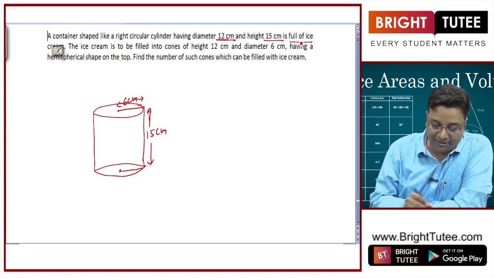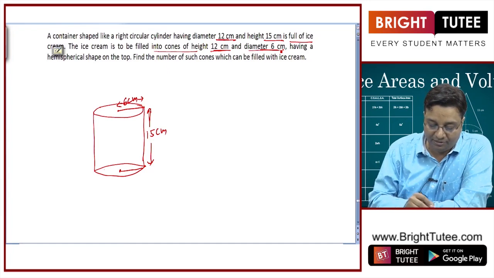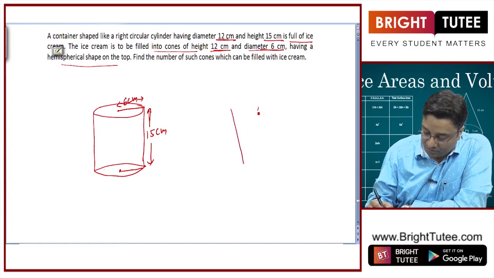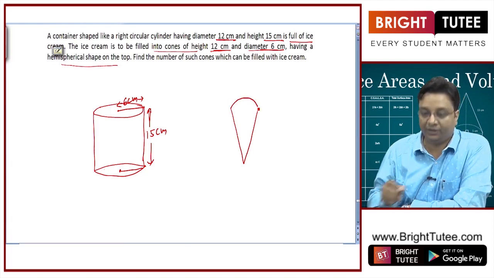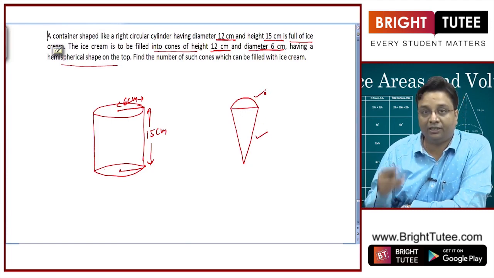It is full of ice cream, and the ice cream is to be filled into cones of height 12 centimeter and diameter 6 centimeter having a hemispherical shape on the top. So these kind of cones have to be filled. Okay, so there is a conical shape in the bottom and hemispherical top is there.